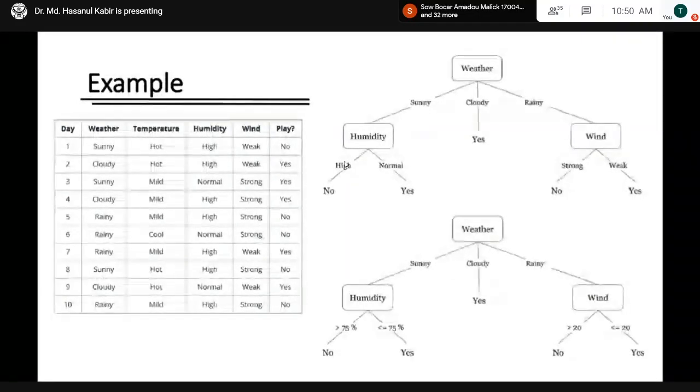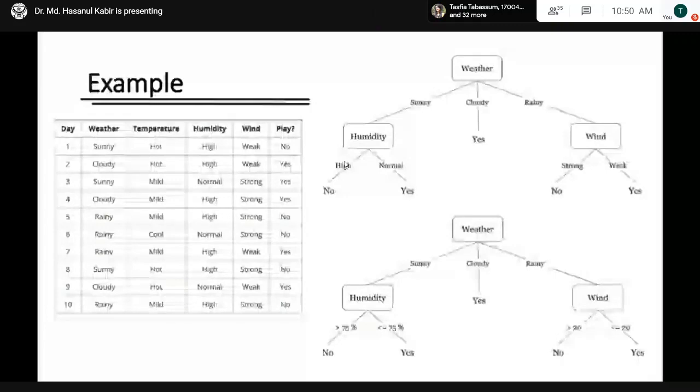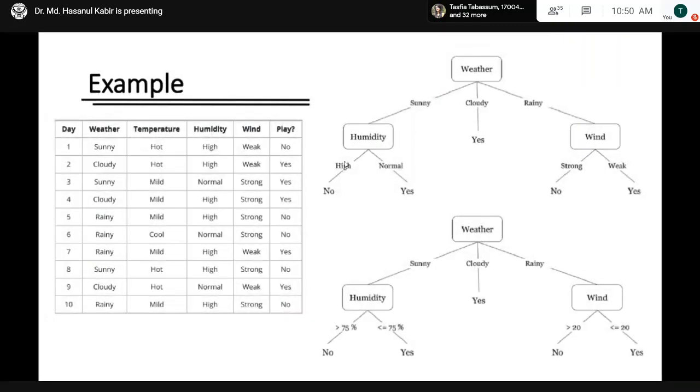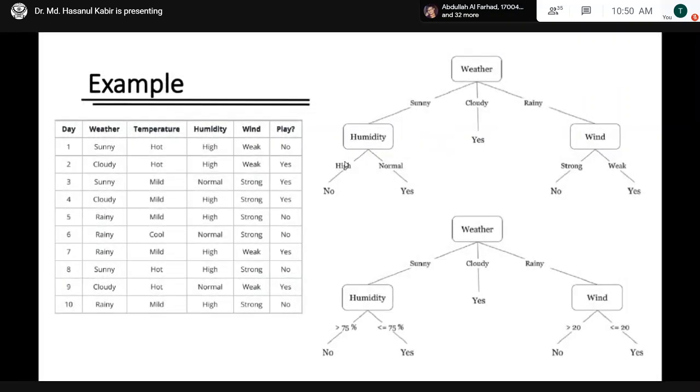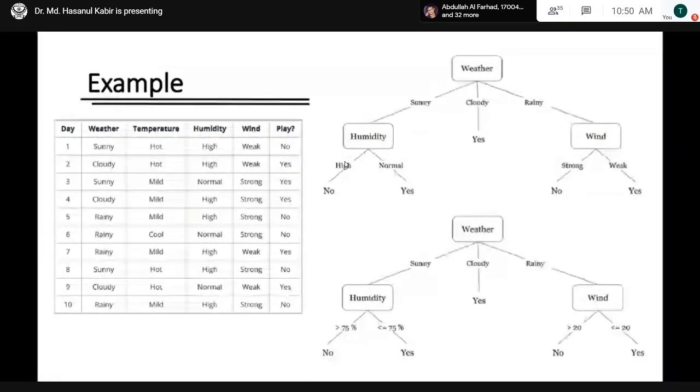Now we can see that, let's say if I have picked humidity, how many samples followed this branch high? You have seen 2. Now what was the probability of playing golf at that branch? Can someone tell me?